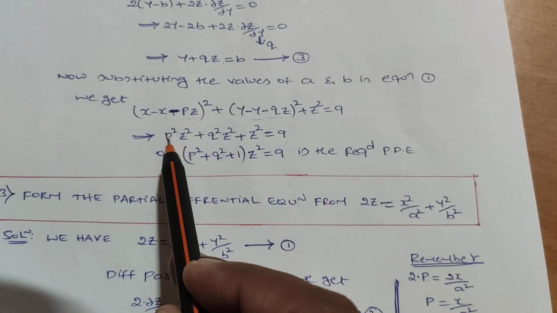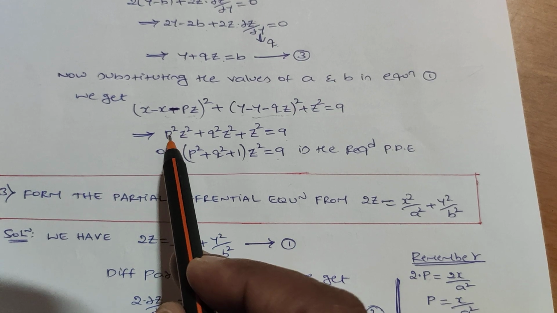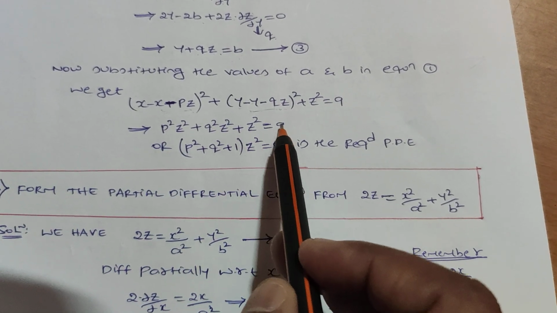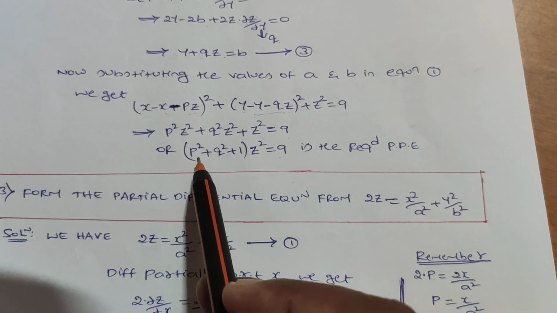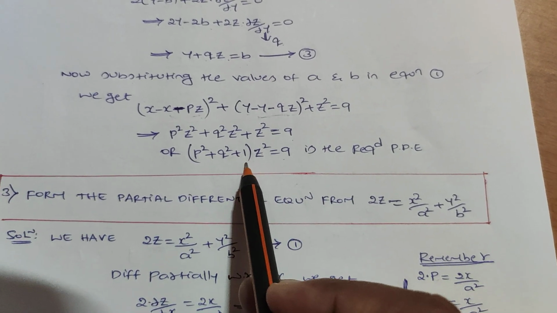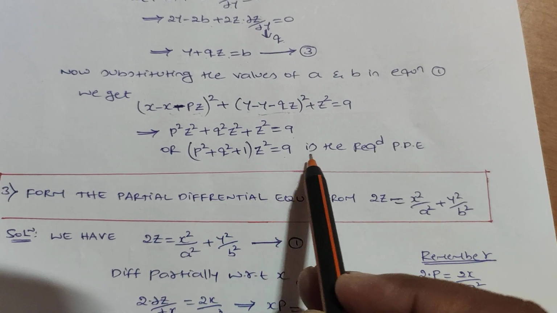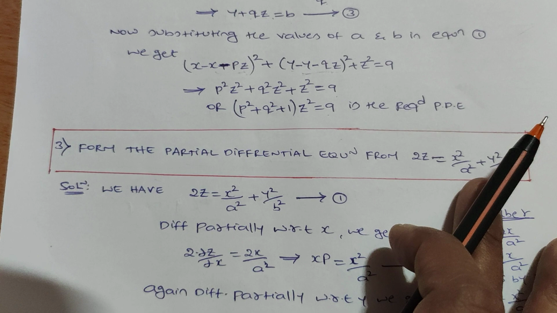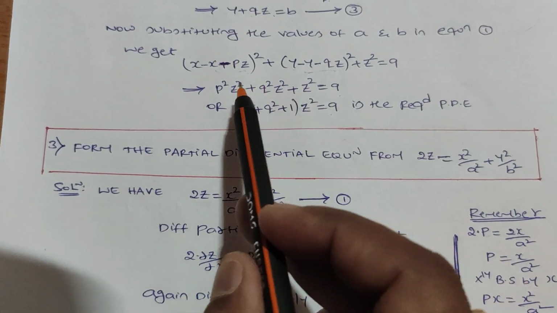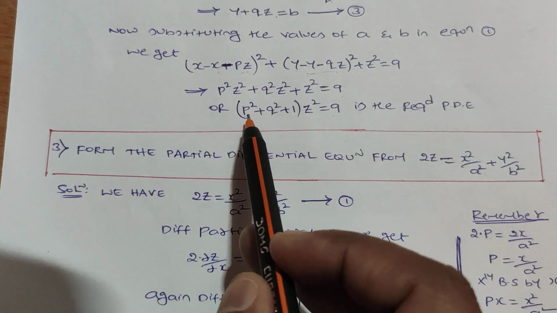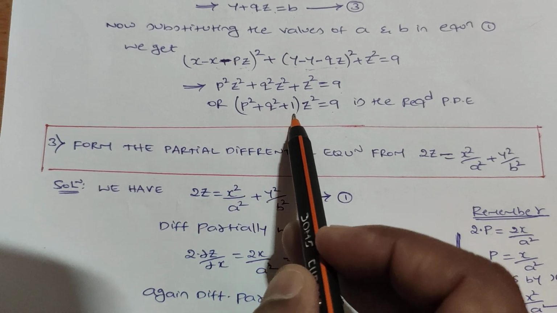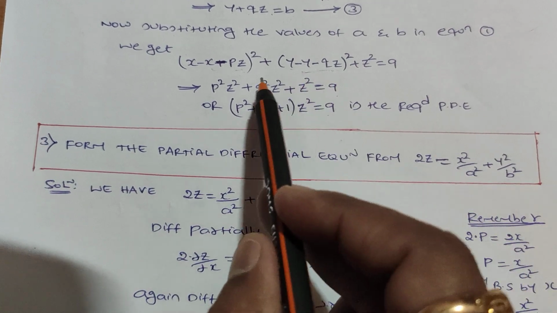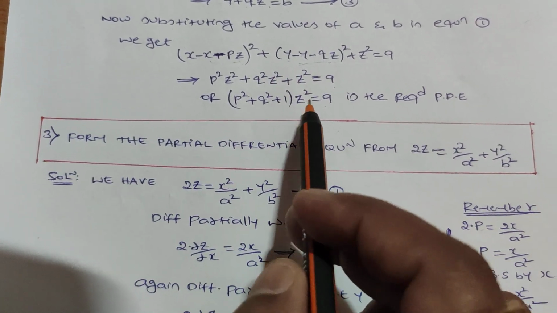Therefore we observe the PDE as p square z square plus q square z square plus z square is equal to 9, or (p square plus q square plus 1) into z square is equal to 9, which is the required partial differential equation. That is, taking z square as a common factor, we observe the equation as (p square plus q square plus 1) into z square is equal to 9. Here we have eliminated the constants a and b.